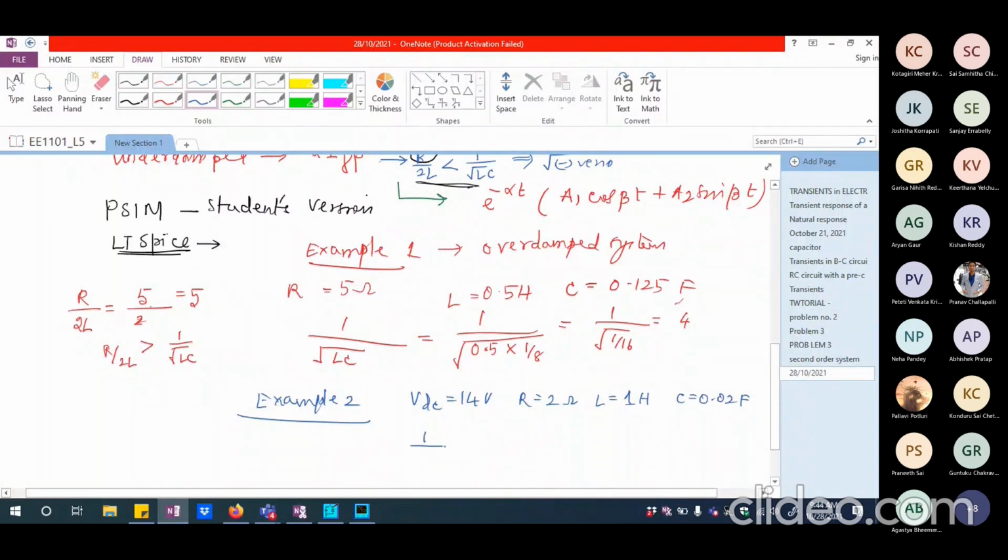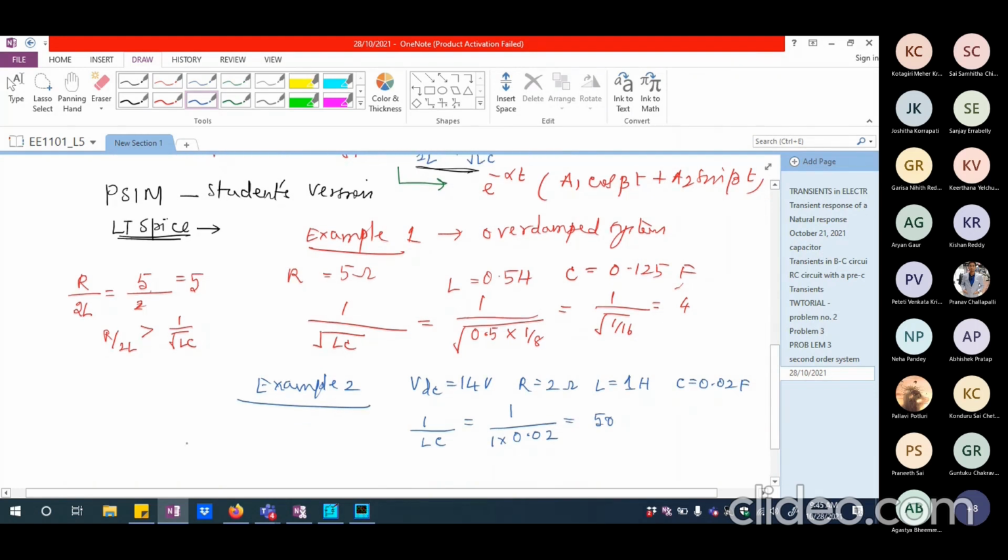So let's calculate first of all 1 by LC. 1 by LC is going to be 1 divided by, L is 1 and this is 0.02. So how much is it? 50. So this will come out to be 50.